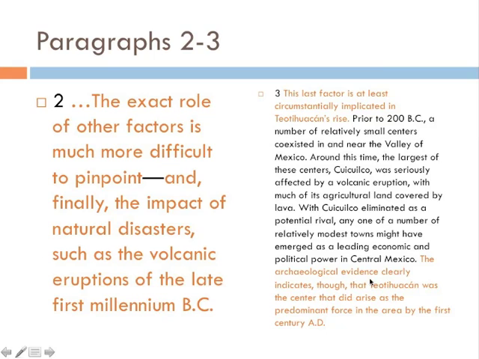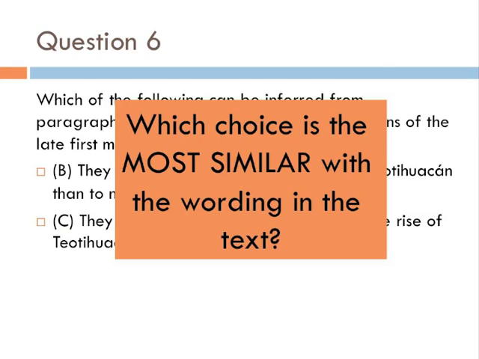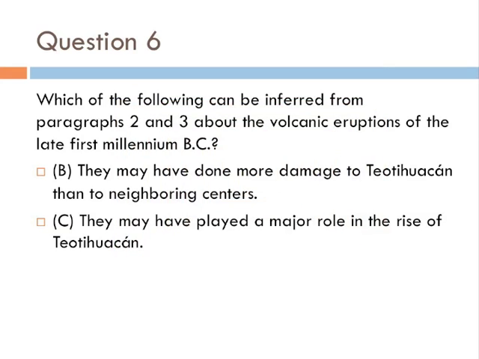The archaeological evidence clearly indicates, though, that Teotihuacan was the center that did arise. Okay, so now let's look at those answer choices one more time. Which choice seems to have the most similar wording with the wording in the text?